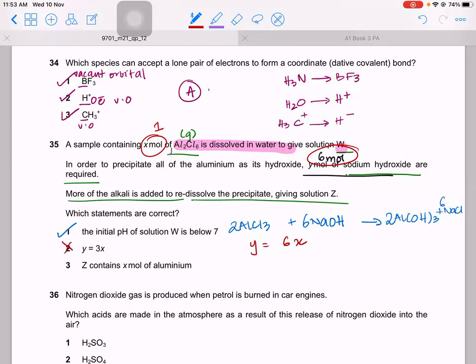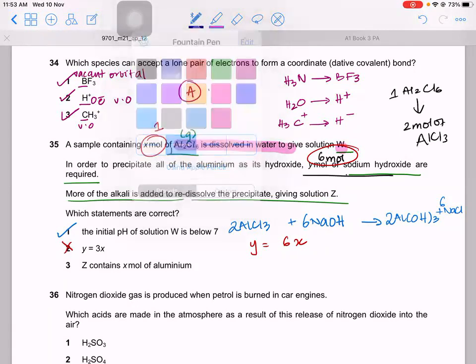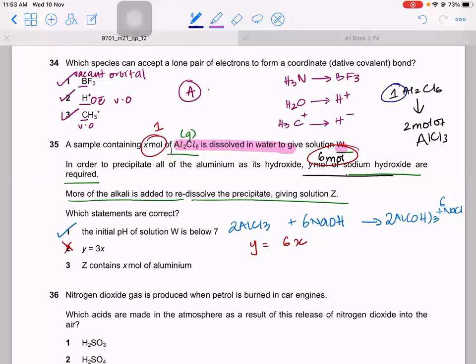1 mole of Al2Cl6 gives you how many AlCl3s? 2. So 1 Al2Cl6 gives you 2 moles of AlCl3, and that will react with NaOH, right? 1 mole means X mole, so X is 1. And when you have these 2 moles of AlCl3 reacting, they require how many moles of NaOH? 6 moles.